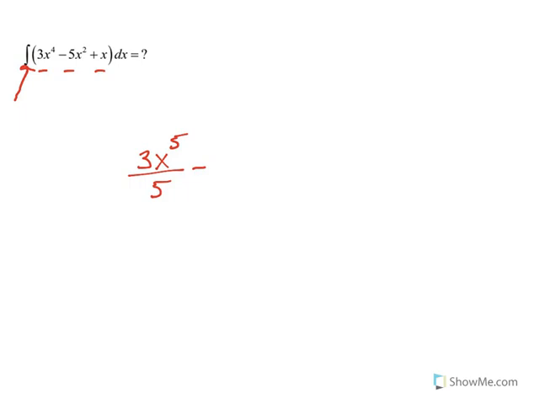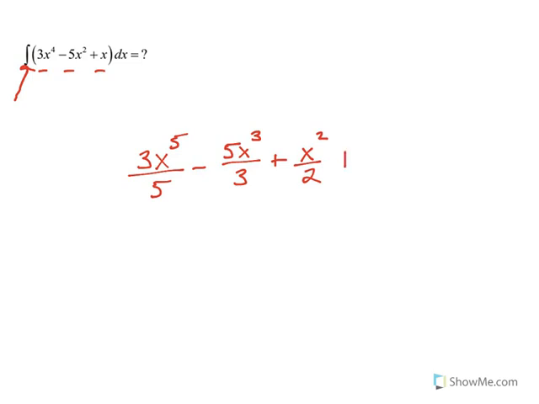Minus the 5x squared. So we're going to reverse our power rule, and we will go up to 3 and divide by 3, plus the x. So right now it has a power of 1, so we're going to go up to 2 and divide by 2.